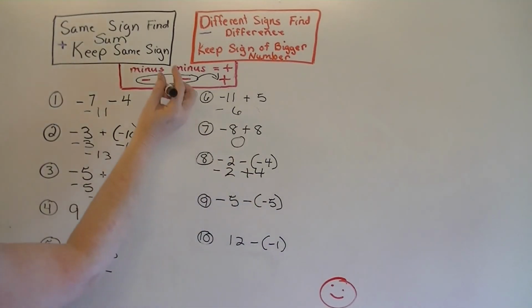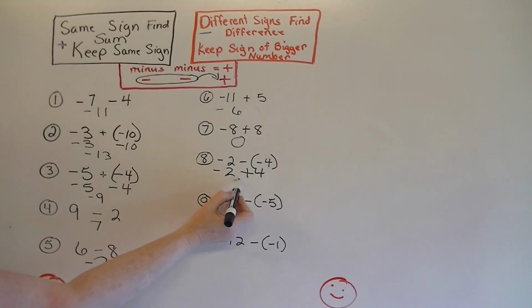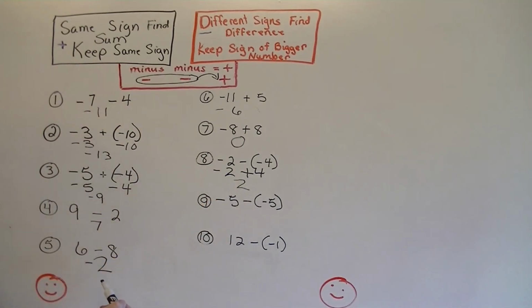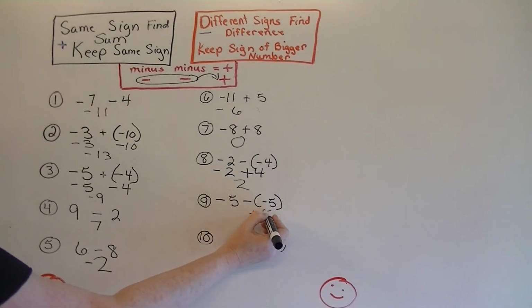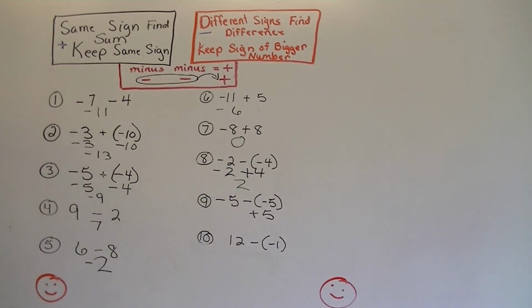Now the signs are different. It puts us in the different box. And it would be 2, and it would be positive because if I think about the absolute values, this number's bigger and it's positive. Let's look at number 9. I have a minus again. Oh, what fun. So that makes that number change to a +5. I'm going to drop this down.